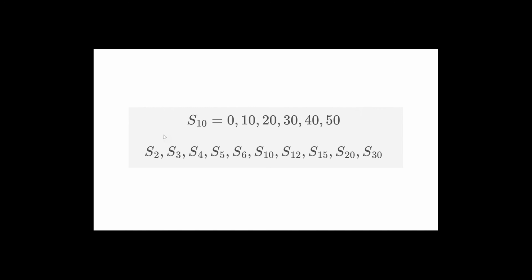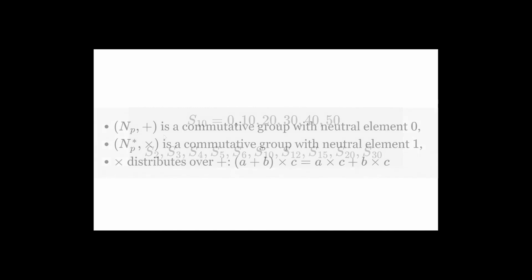So we take NP, we have plus. This time we want plus to form a commutative group. Before it was just a group, but in fact plus was commutative. And we also want multiplication, times, to be a commutative group. Let's summarize: we have NP with plus, a commutative group with neutral element 0, and we have NP with multiply, a commutative group as well, but this time with neutral element 1.